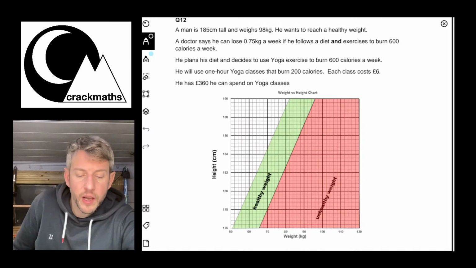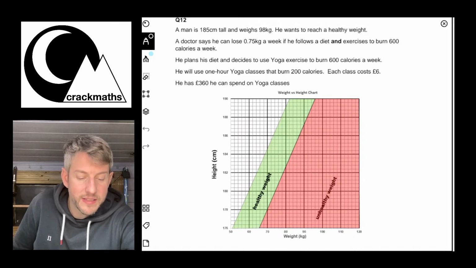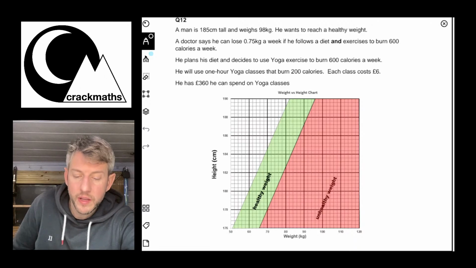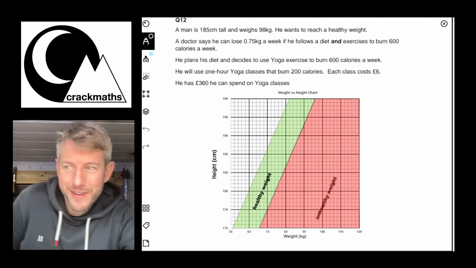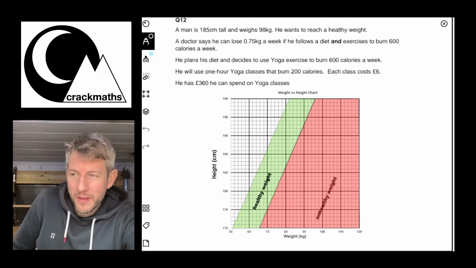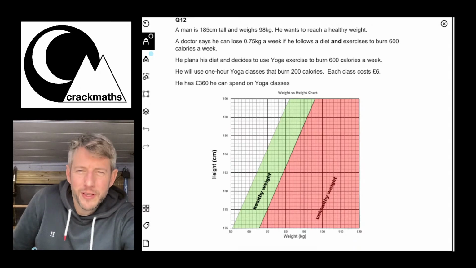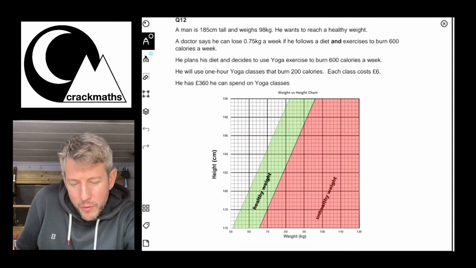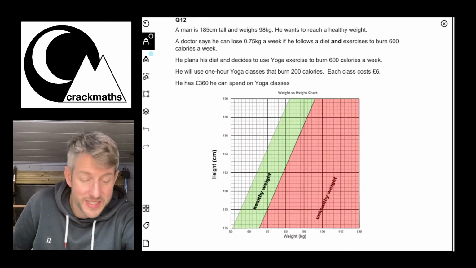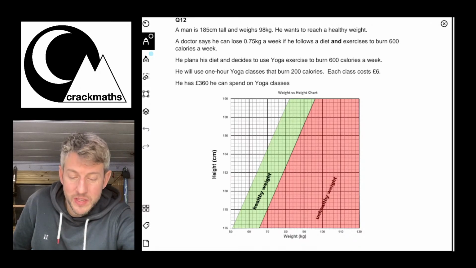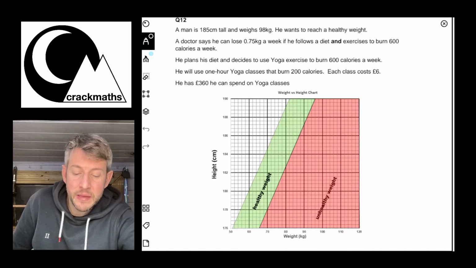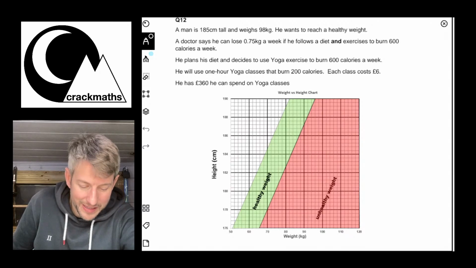He plans his diet and decides to use yoga exercise to burn 600 calories a week. He will use one yoga class to burn 200 calories. Is that all you burn in a yoga class? Right. I feel like when I've done yoga, it's more. He will use 1 hour yoga class to burn 200 calories. Each class costs £6. He has £360 he can spend on yoga classes.